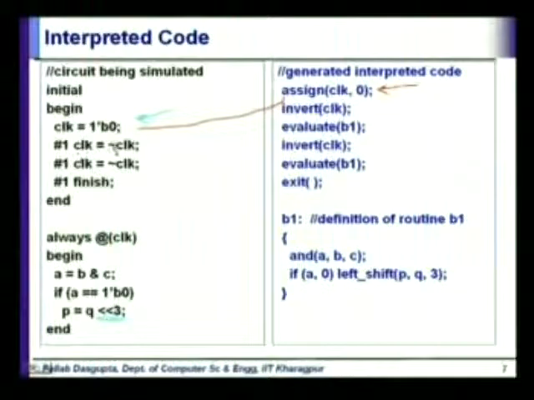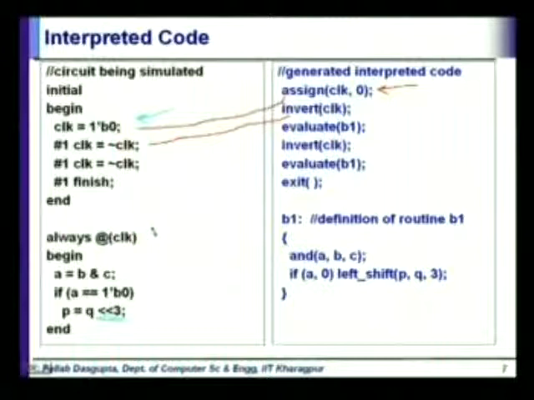After that the clock changes, so that's this thing, invert clock. What happens when this clock is inverted? That triggers this one and results in the evaluation of this. That evaluation is captured under this evaluate B1. So this whole thing is this.